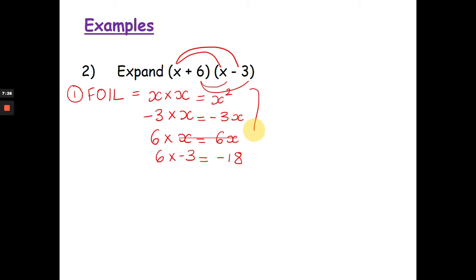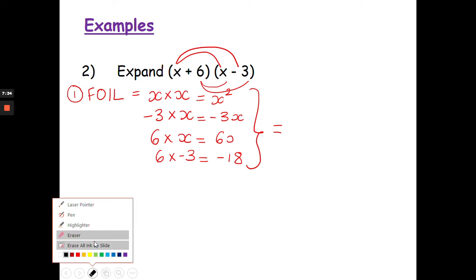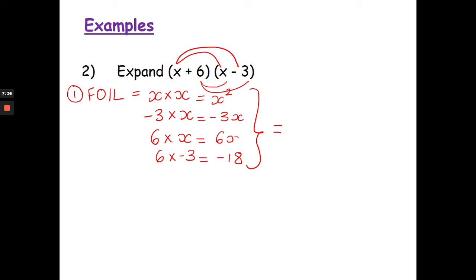Now if I was to write all this down, then I'm going to get x squared minus 3x plus 6x minus 18.